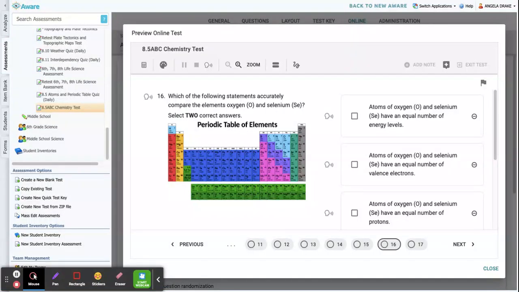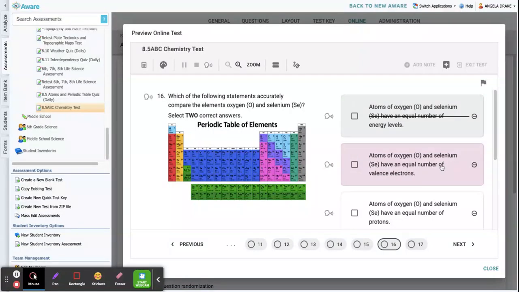And selenium, I'm looking for it, is also in group 16 and has an atomic number of 34. So they're in the same group. Atoms of oxygen and selenium have equal number of energy levels. No, because they are not in the same period. They are in the same group.